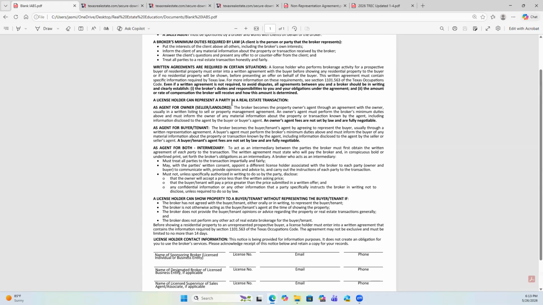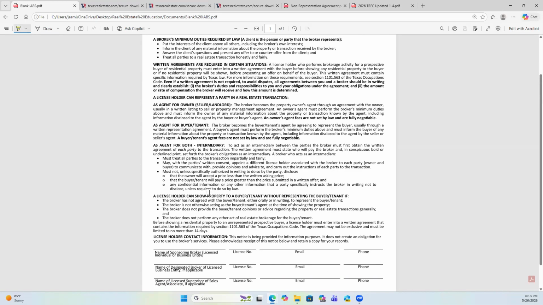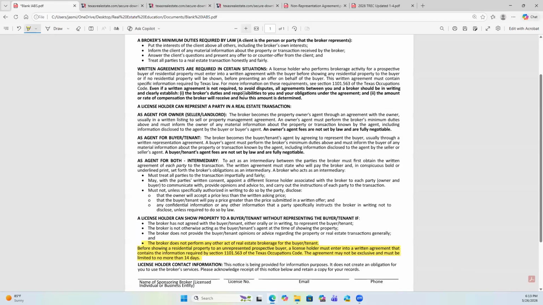The biggest thing on the information about brokerage services, which is also something new, they've taken away sub agency, as we know, but they've also added this little note down here. Let me zoom in so you can really see it.